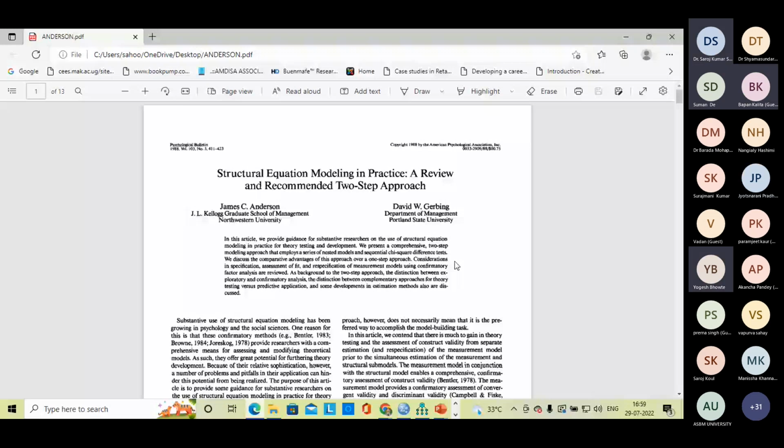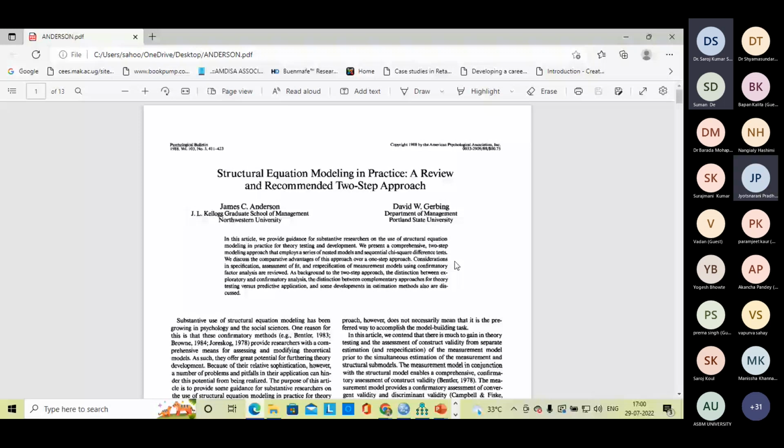Yes, visible. So while doing structural equation modeling after CFA, that means after you have tested the measurement model through CFA, this process was initially proposed by Anderson and Gerbing. Any famous thesis or article you follow recently has cited this article.